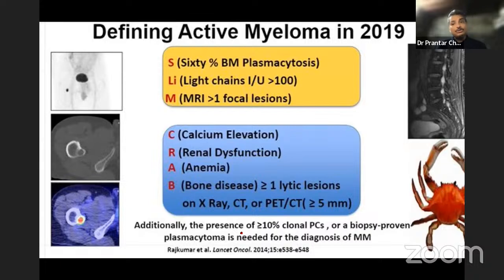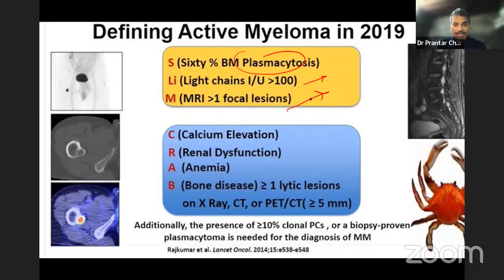But in 2019, we added some criteria because there were some people who would do badly even if they did not have CRAB. And we have added the term SLiM CRAB. So 60% clonal plasma cells, light chain ratio affected to unaffected more than 100, and MRI more than one focal lesion.